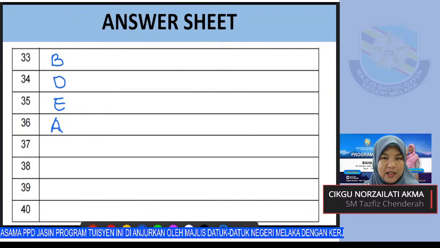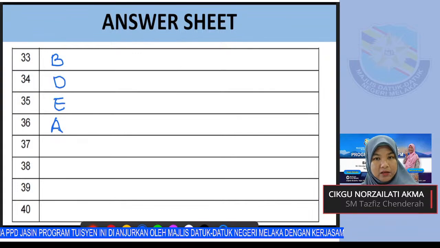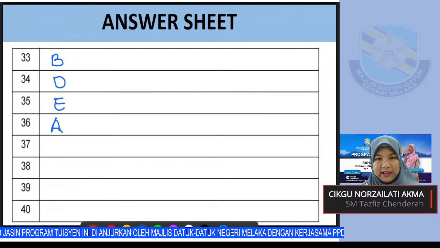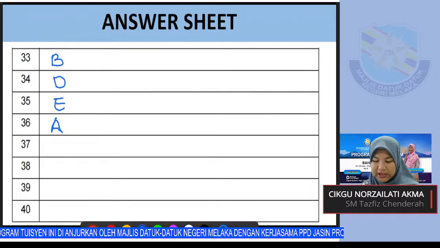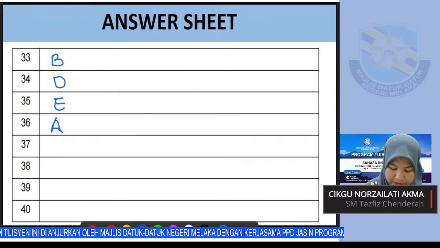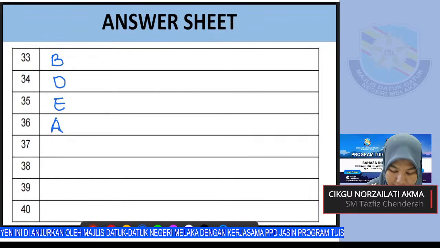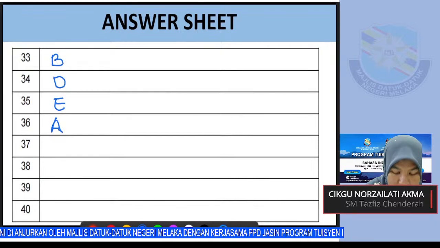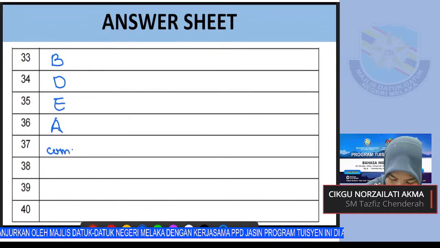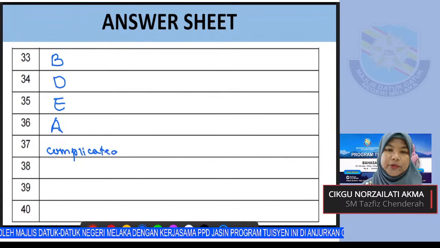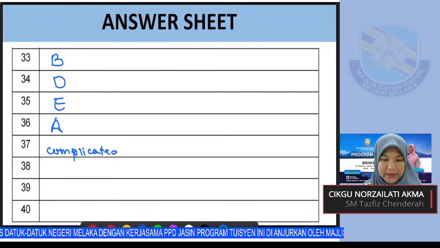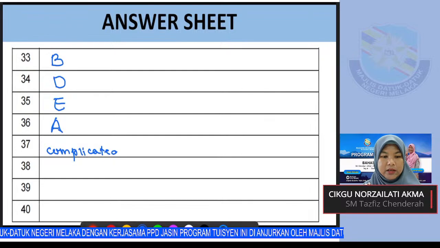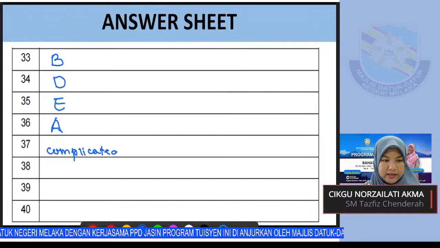Be extra alert on your spelling, because the spelling is mandatory. Question 37, the answer just now is complicated, so make sure you spell it correctly. How to spell complicated? Complicated. Good. Make sure you check your spelling.